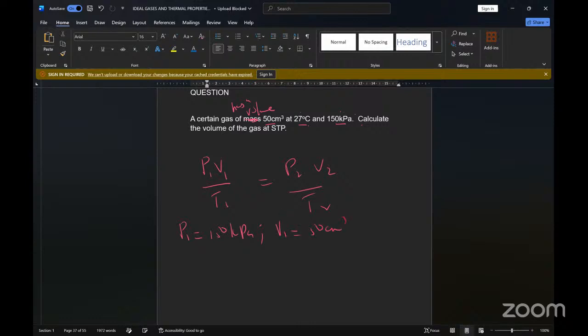You don't have to worry yourself and change it. And then our T1 is 27 degrees. So we say 27 plus 273, which is 300 Kelvin. Then you come to STP. The STP is what you are given here.